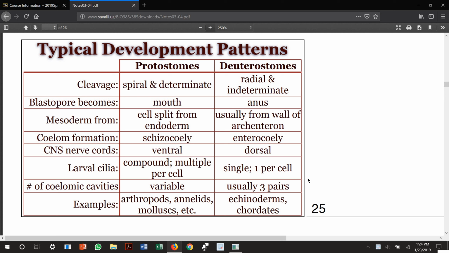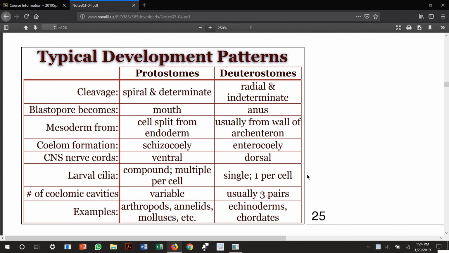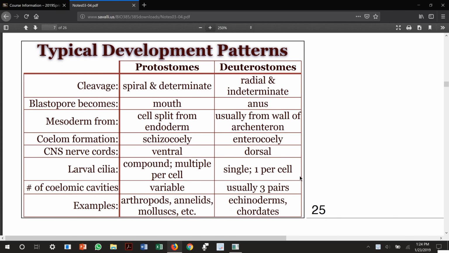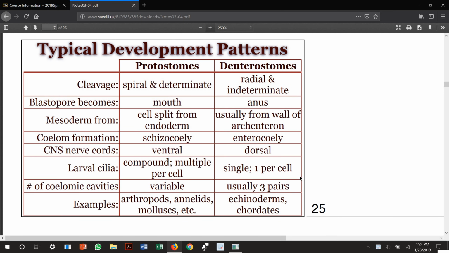All right, so as it turns out, many of these features of development tend to, again, there are a lot of weasel words here, typically tend to show a suite of developmental features in common. So the animals that we recognize as protostomes, typically, again, there are exceptions, things like the lophophorates, brachiopods, bryozoans, which you probably haven't heard of yet, things like arrowworms, which you almost certainly haven't heard of yet.